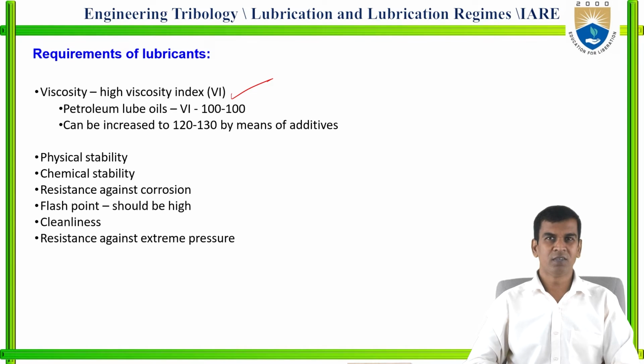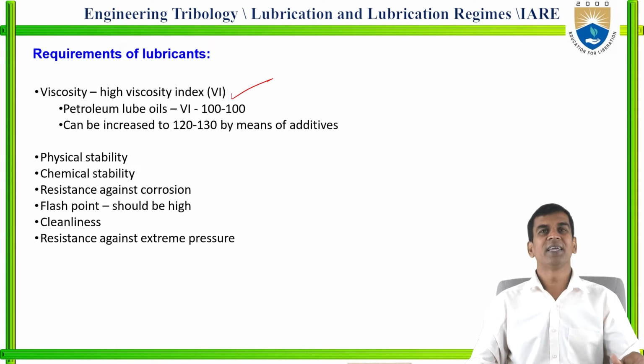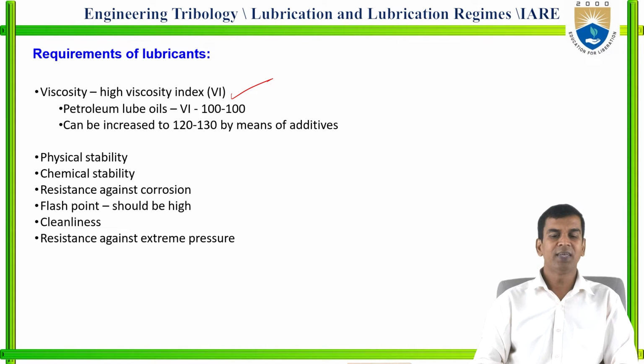Petroleum lubricant oil will have a viscosity index of 100, and it can be increased up to 120 to 130 by means of additives. The second requirement is physical stability.